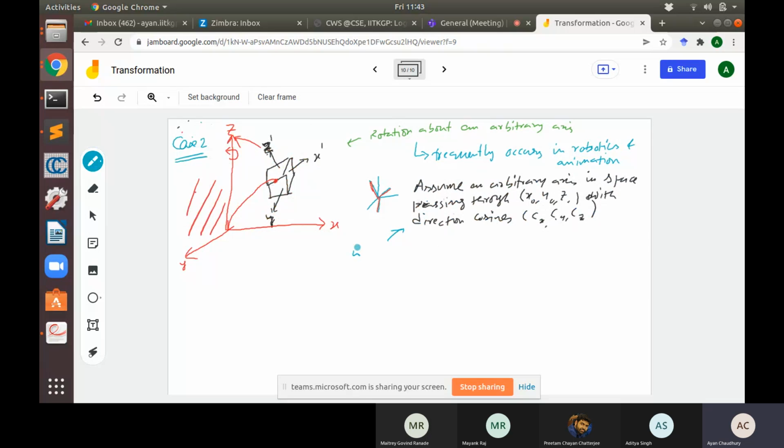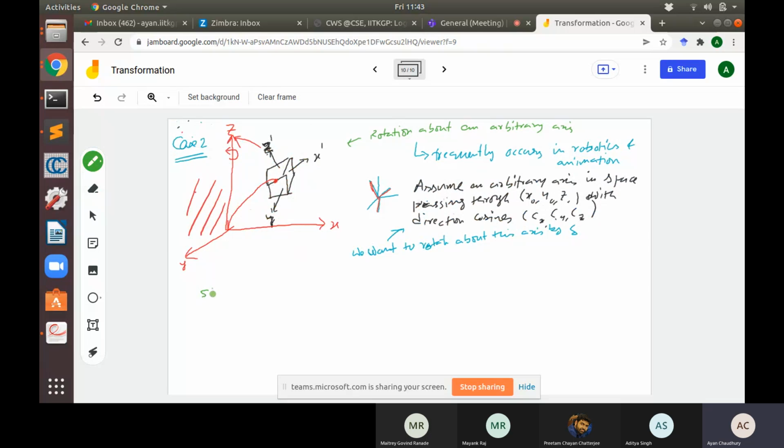So we want to rotate about this axis by delta. And here we consider rotation about the z-axis. Okay, so step one.